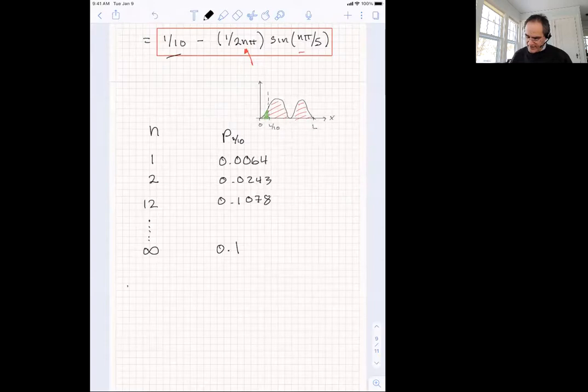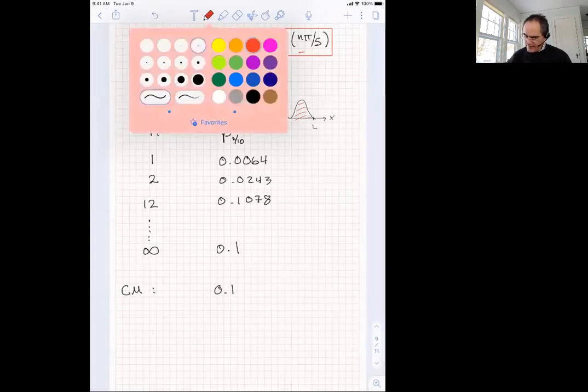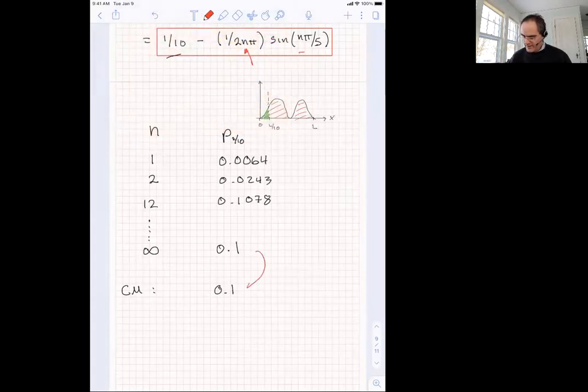Now I want you to contrast that with the result from classical mechanics. For classical mechanics, the probability was just 1/10 because it was uniform, and so this is easy to find. And the point I wanted to make is, look, the classical prediction is equal to the prediction for the quantum case in the limit that n goes to infinity.